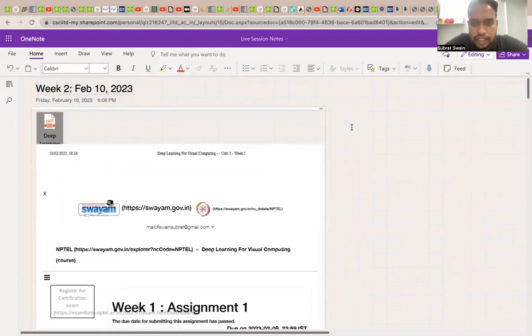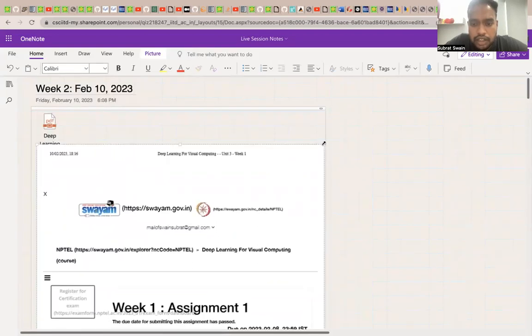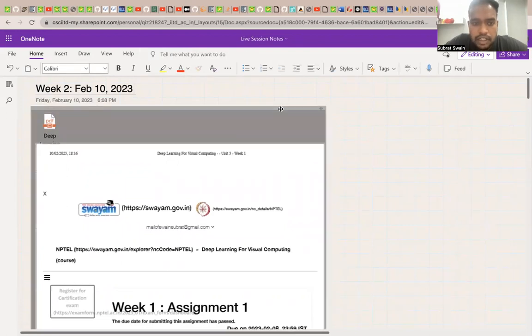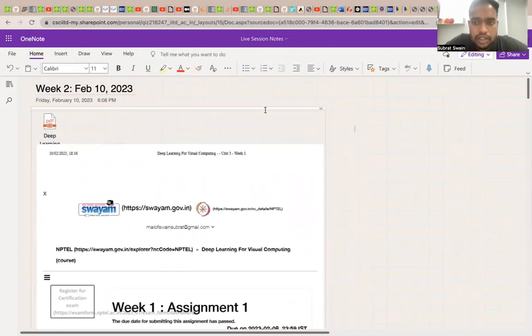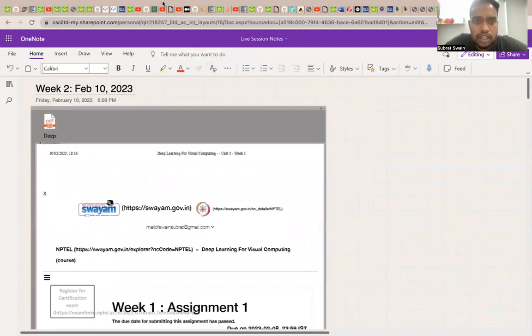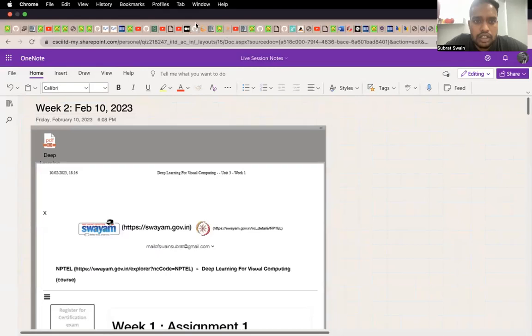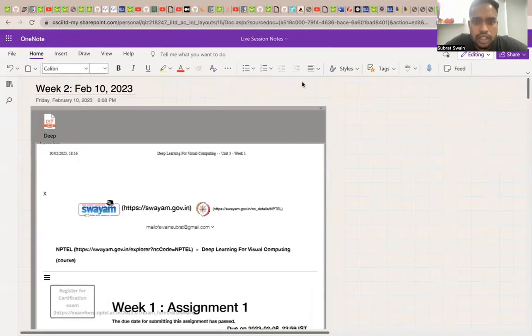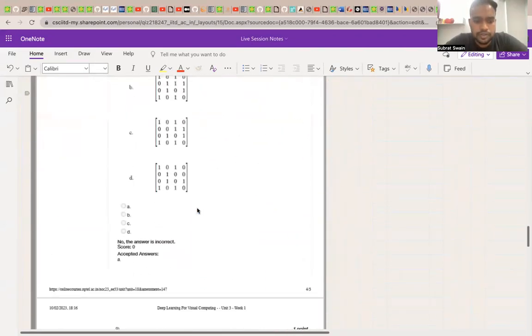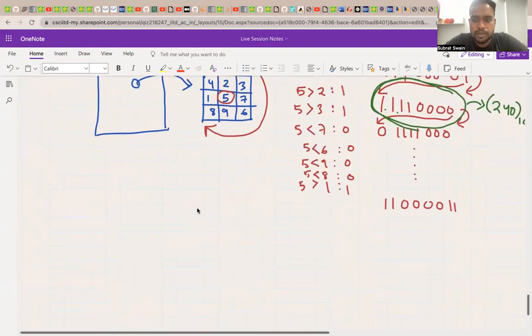Since I stopped last class with the neural network, saying that I will be teaching neural network this class, I will be starting with neural networks now. So after that, we will solve all those problems.